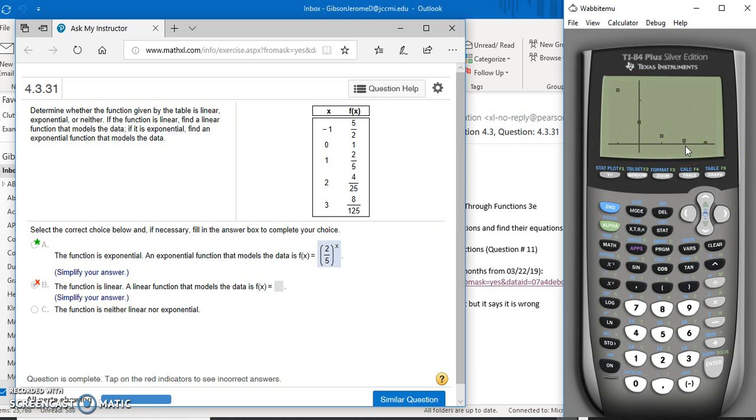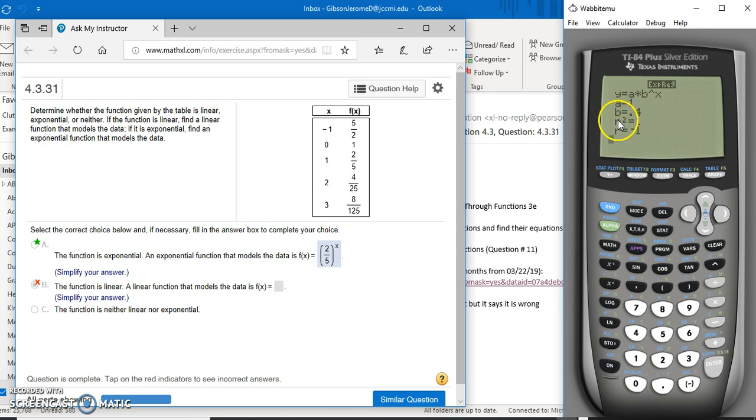So now we need to take a look at the model for it. We go to Stat, over to Calculate, down to exponential regression, and press Enter until we calculate it. And then it gives us our exponential regression model here. Now, here's the thing.